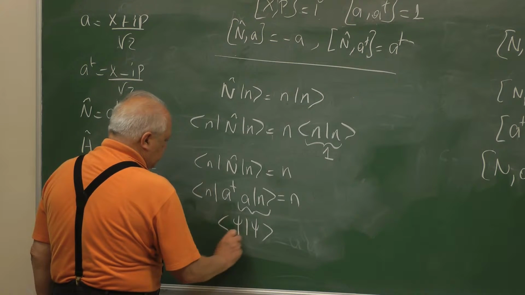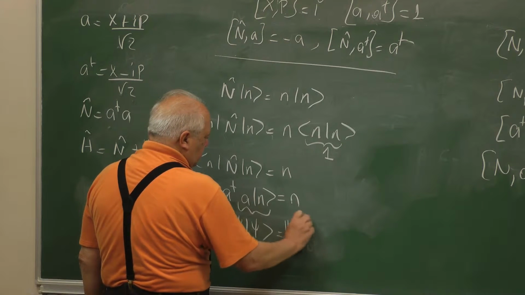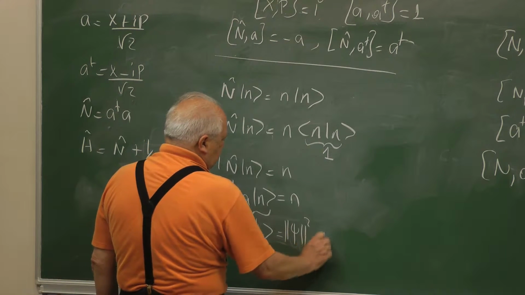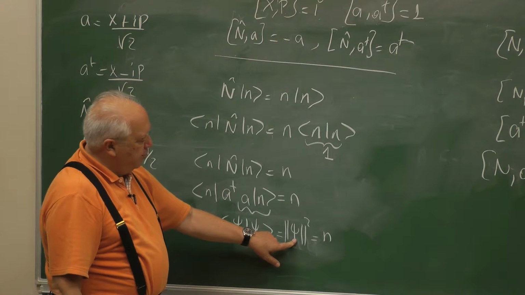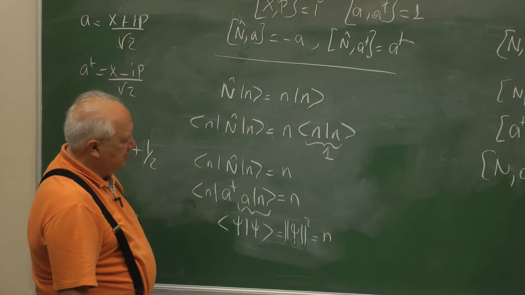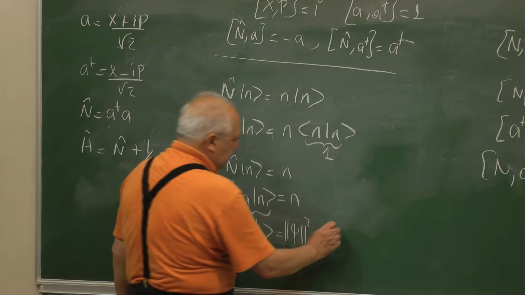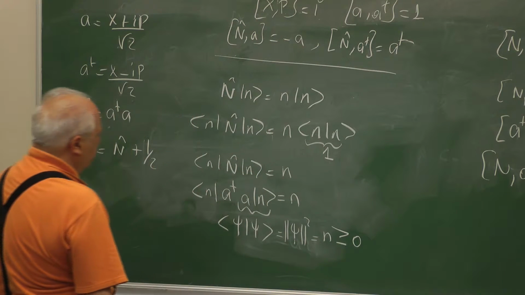So it is basically a norm square, and that's equal to n. That means n has to be positive semi-definite, namely it's either a positive number or 0, but it cannot be negative.